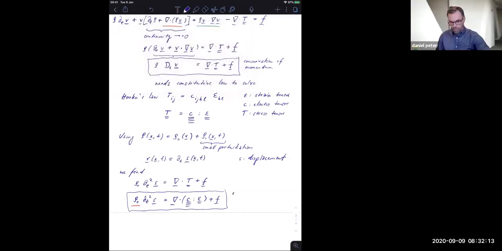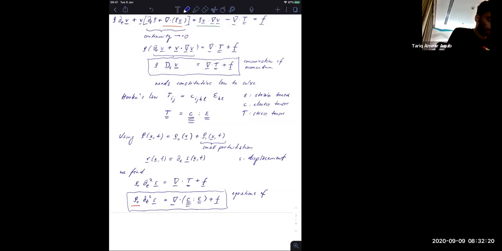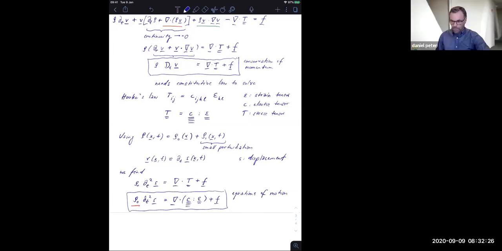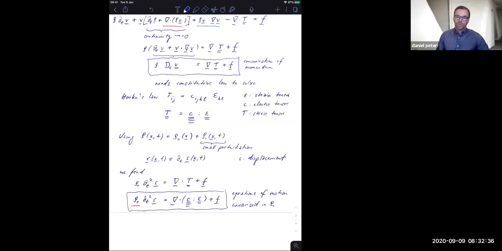So in 3D, these are 3 equations, the so-called equations of motion. And what is often forgotten, it's linearized in rho 0.